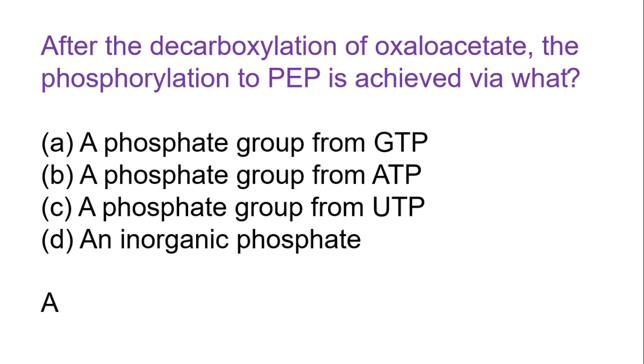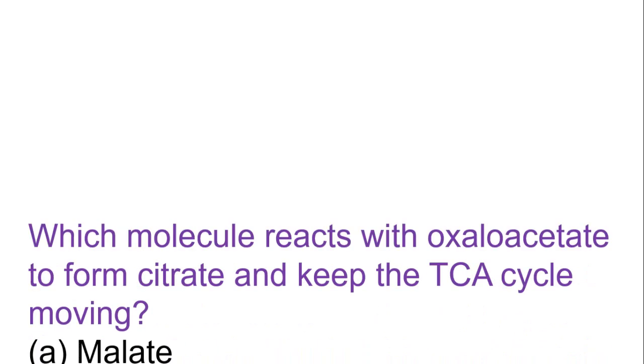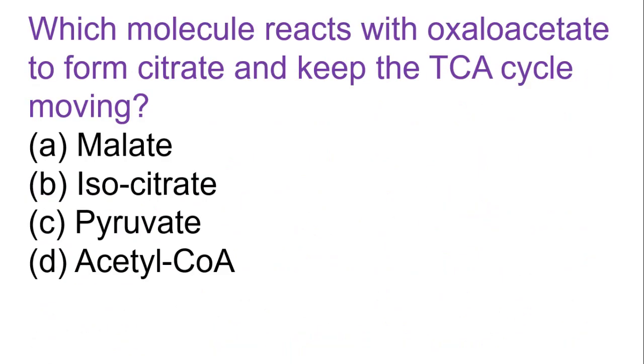The answer is A, a phosphate group from GTP. Which molecule reacts with oxaloacetate to form citrate and keep the TCA cycle moving? A, malate; B, isocitrate; C, pyruvate; D, acetyl coenzyme A. The answer is D, which is acetyl coenzyme A.